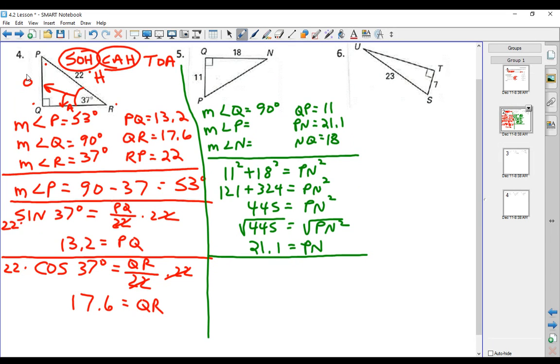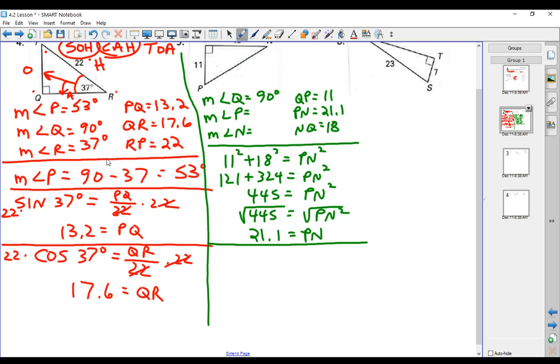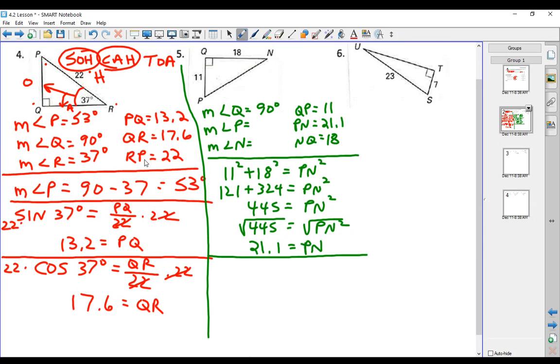Now, as far as the missing angles are concerned, we're going to have to use those inverse trig functions that I was talking about earlier. Let me bring this down just a little bit here so we can have some more room to work. If I want to know the measure of angle P, notice that I know the opposite side and the adjacent side.